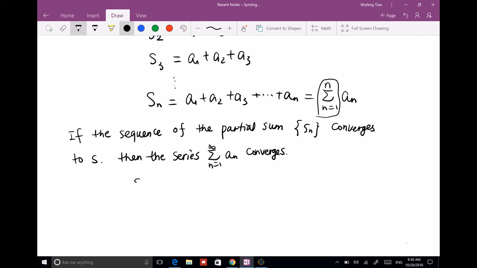So S equals A1 plus A2 plus ... plus An and so on. This is the series from n equals 1 to infinity, and you can also write this as the sum from n equals 1 to infinity of An.